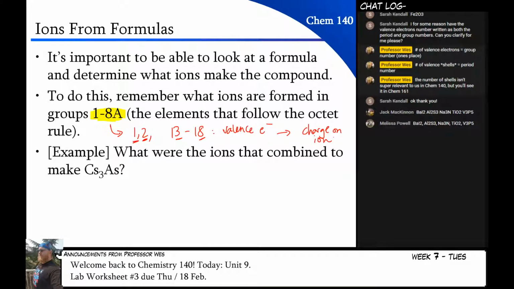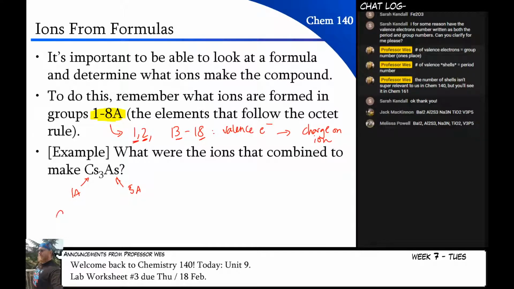Knowing which column that atom is in will tell you how many valence electrons it has and how many electrons it needs to get or lose to make an ion. For example, here's cesium arsenide. We haven't worked with these elements, but they're in columns 1A and 5A.